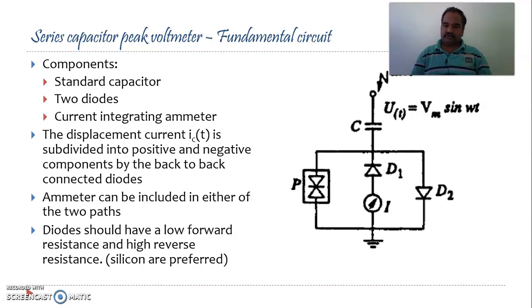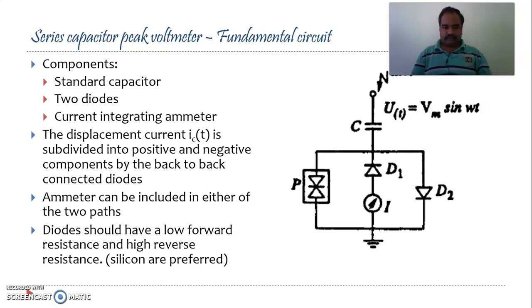And three, a measuring instrument, preferably a current integrating ammeter, or any ammeter which measures the average value of the current. Apart from that, you can use a protective device, shown in the figure and represented by the symbol P.